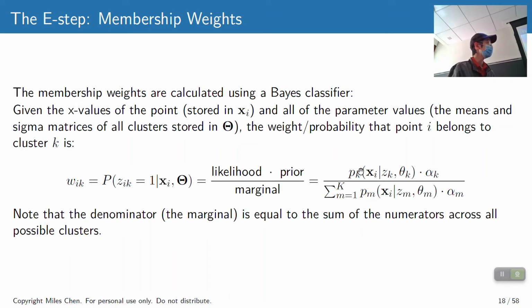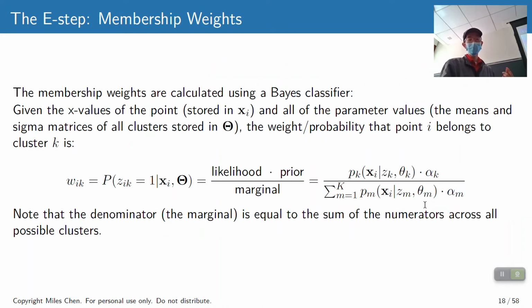We ask what's the likelihood that this coordinate, let's say 3, 3, is generated from this distribution. We multiply it by the prior probability of belonging to that distribution, then we do that for all of the different possible clusters, and divide. So we use the Bayes classifier in this step.